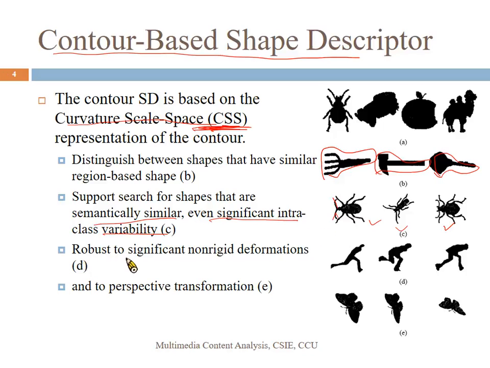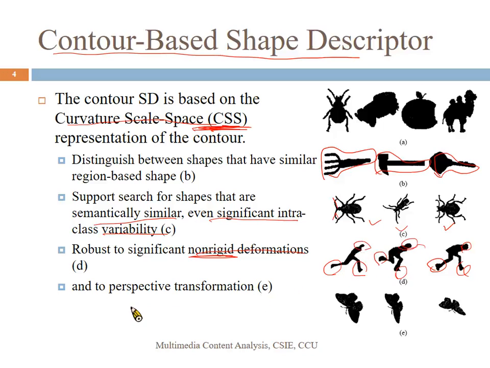It is also robust to significant non-rigid deformation. With non-rigid deformation like this, these three objects look like a person running. We can see that there is high variation because of the non-rigid deformation. But if we describe them by the contour-based shape descriptor, we can describe the two legs here and the relative position of this leg and the head.